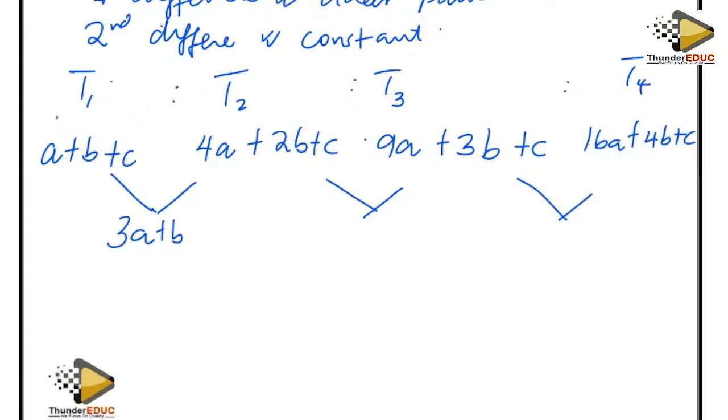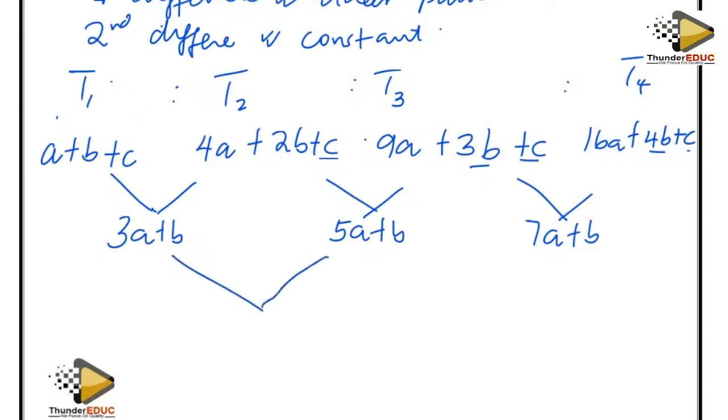Then 9a minus 4a gives me 5a, 3b minus 2b is b, and the c falls out. I do the same here: 16a minus 9a is 7a, 4b minus 3b is b, and the c's cancel out.